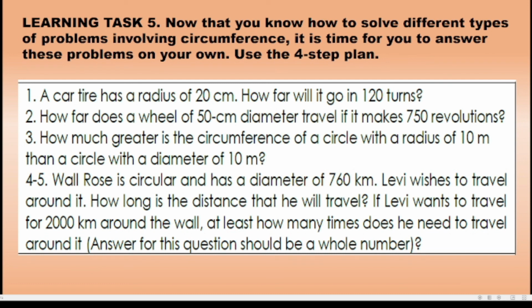Levi wishes to travel around it. How long is the distance that he will travel? If Levi wants to travel for 2,000 kilometers around the wall, at least how many times does he need to travel around it? Answers for these questions should be a whole number.